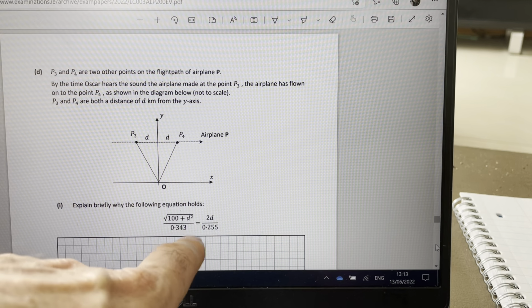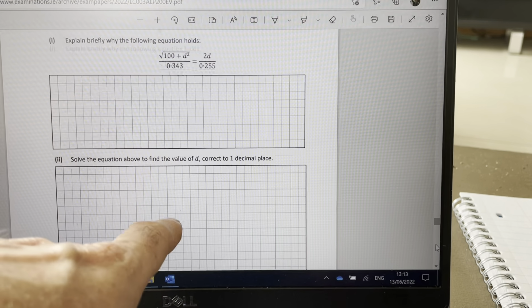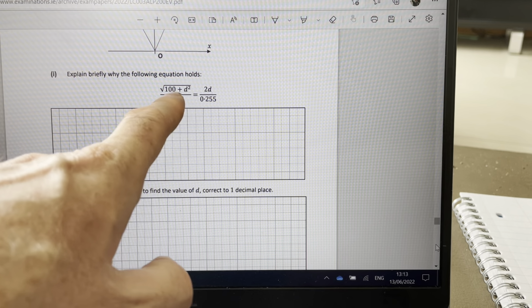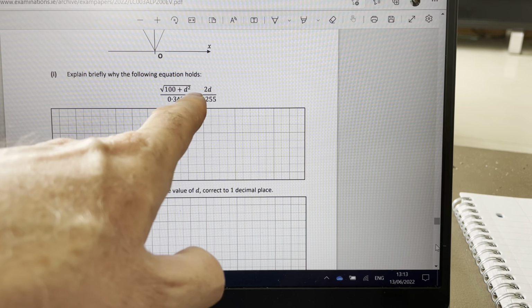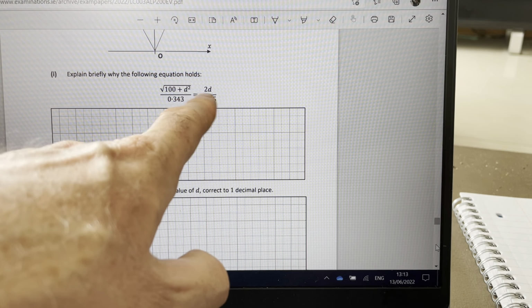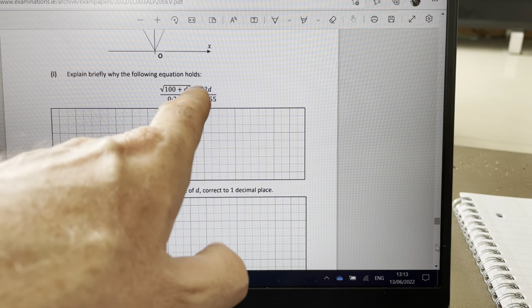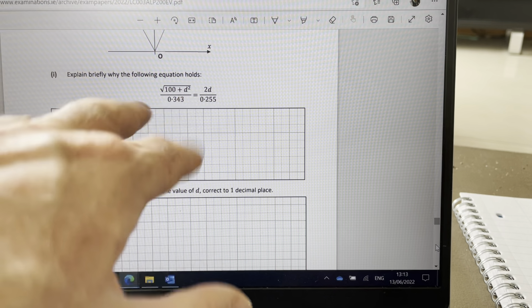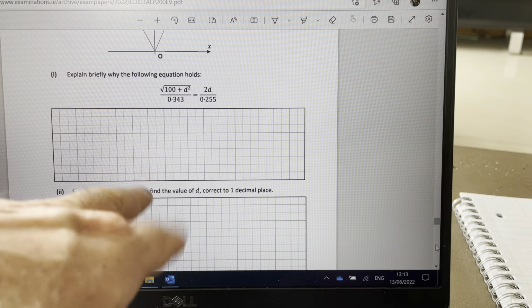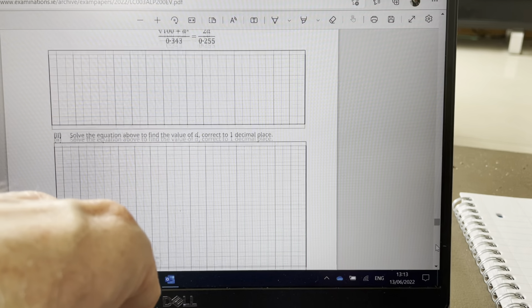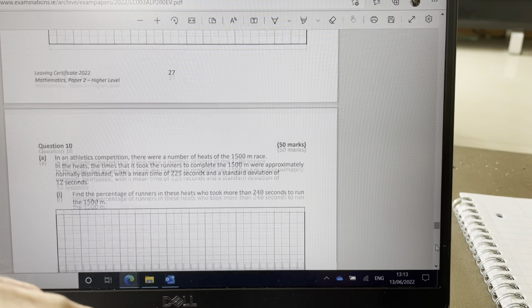Okay, so that equation holds. Solve the equation for d, and that's fairly straightforward. Now you've only one unknown and one equation, so presume square both sides and you get a quadratic. You might get two values of d, and one will be valid, but we'll see later.